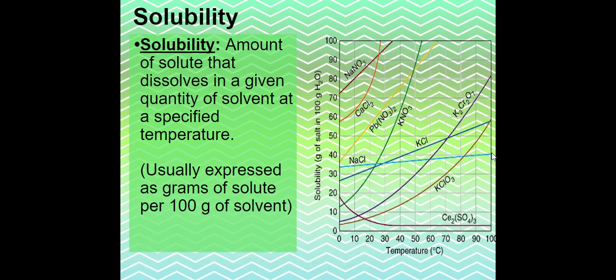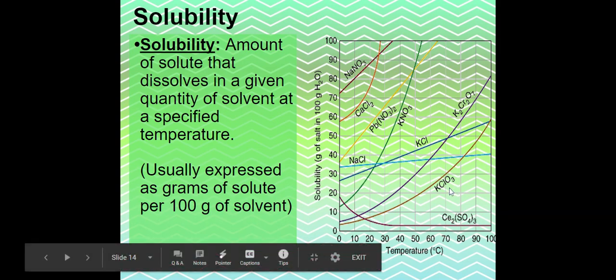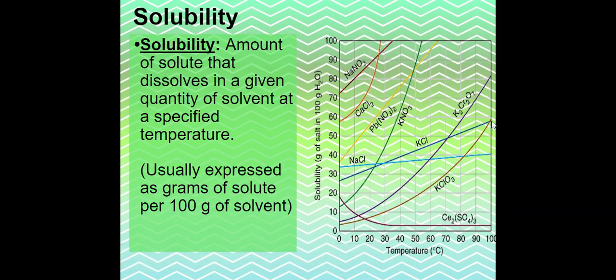And you notice that there is a much steeper curve with some of the other substances. If I'm looking at KClO3 here, at 10 degrees Celsius, I can dissolve about 5 grams. But at 100 degrees Celsius, I can dissolve about 58, 59 grams. Those are the solubility limits. If you try to go over that, you cannot dissolve any more.